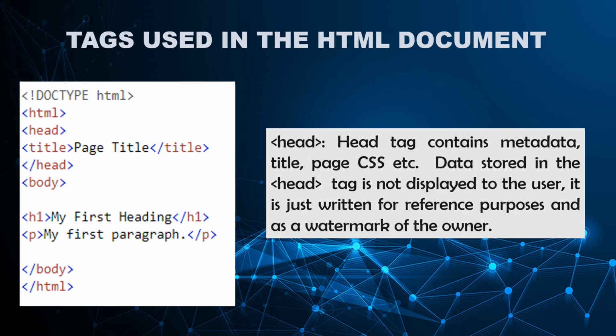The head tag in the adjacent example contains the title tag. The title tag is used to store website name or content to be displayed. In this example, we have the page title written under the title tag. It displays the website name as page title.